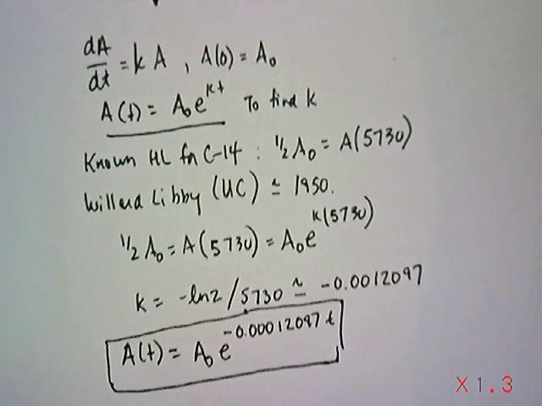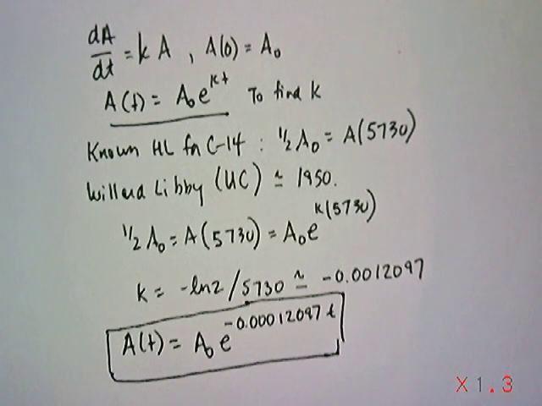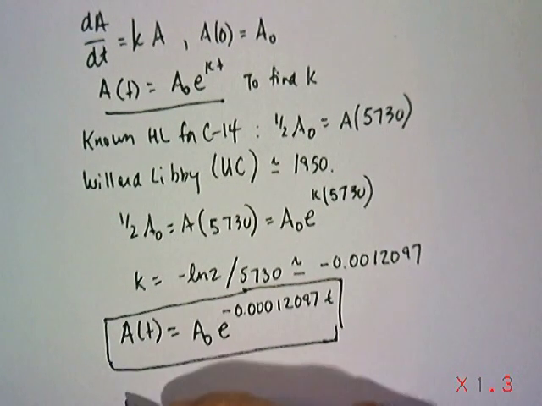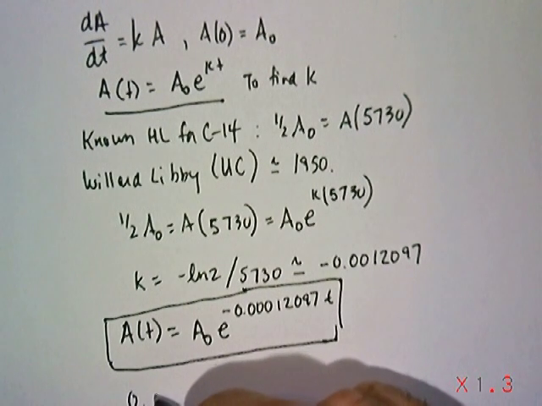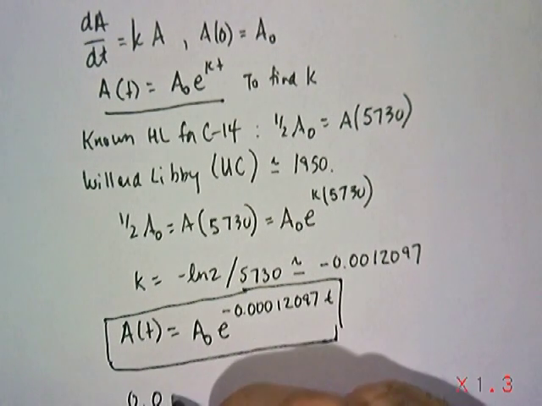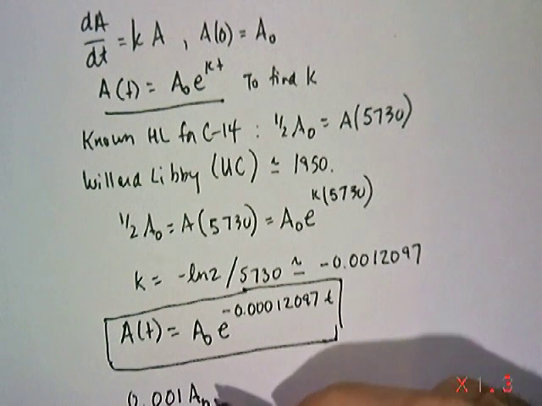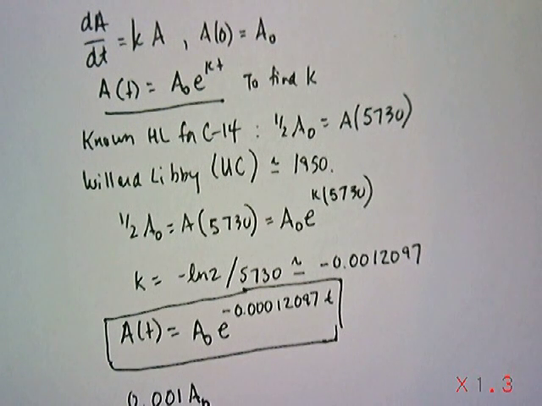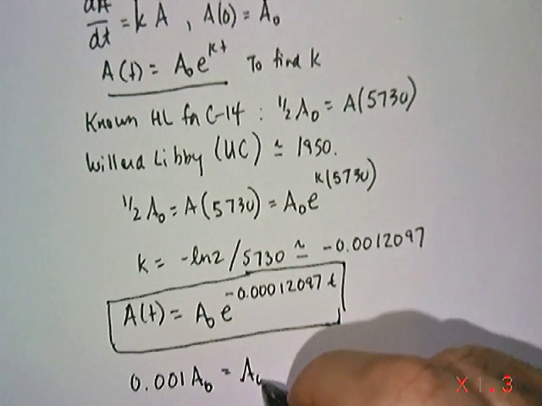All you need to do is come up with the amount. How much trace of carbon-14 do you have? In our particular problem, we know that there is 0.1%. That could be written as 0.001 of the original amount. That's the amount that we've been able to determine is in the sample. If we set that equal to the model and then solve for t, we'll figure out how old it is.